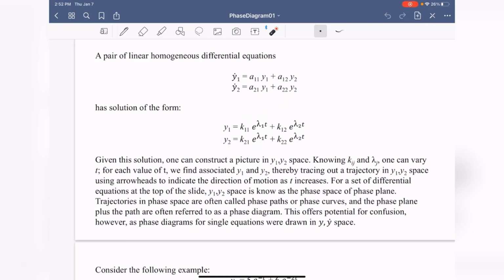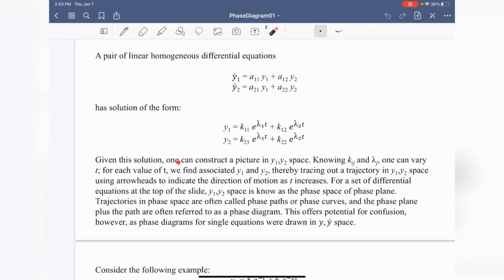For example, y1 is then equal to k11 e to the lambda 1 t plus k12 e to the lambda 2 t. Now we get the lambda 1 and the lambda 2 from our characteristic or auxiliary equations, and the kij values will come from initial conditions.